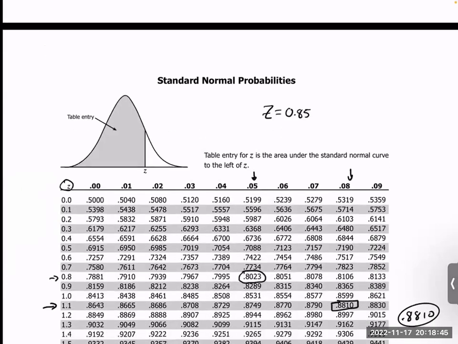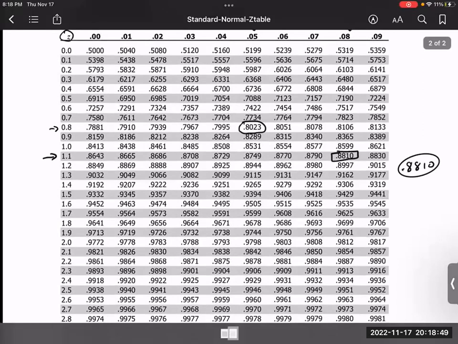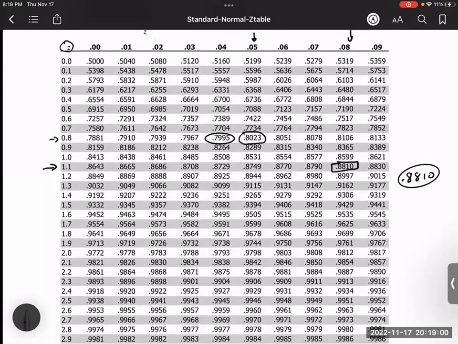If you go to the positive side, the closest area to 0.8000 would be this one, 0.7995. That's the closest one to 0.8000.